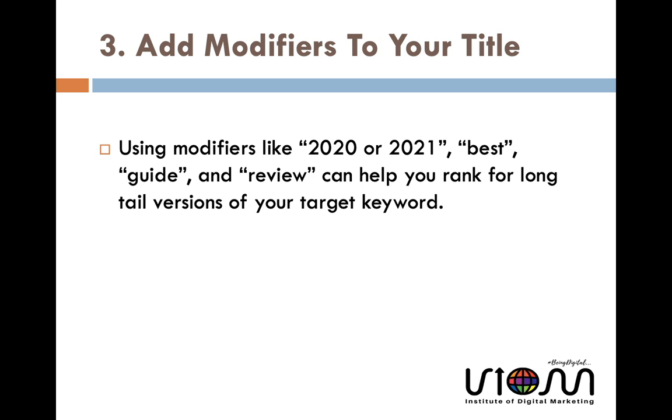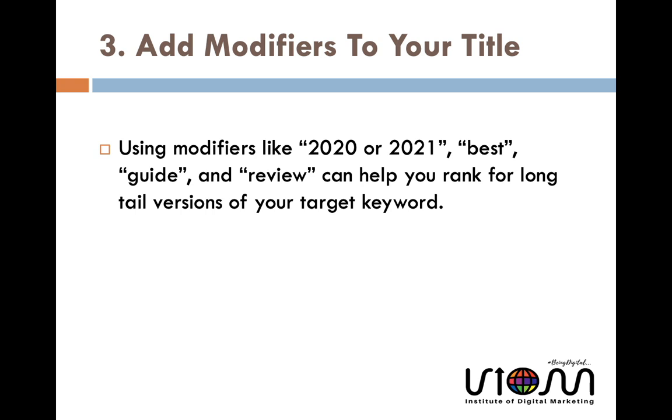When you write a title, you can add these modifiers as well, like best places to visit in Goa in summer, or positive manifestation for 2026, or guide: how to keep your teeth healthy. Some people search on Google like this as well. They use best, guide, and the year.